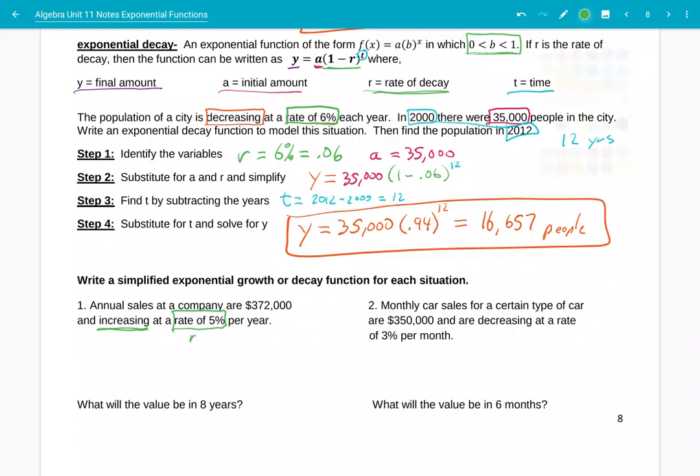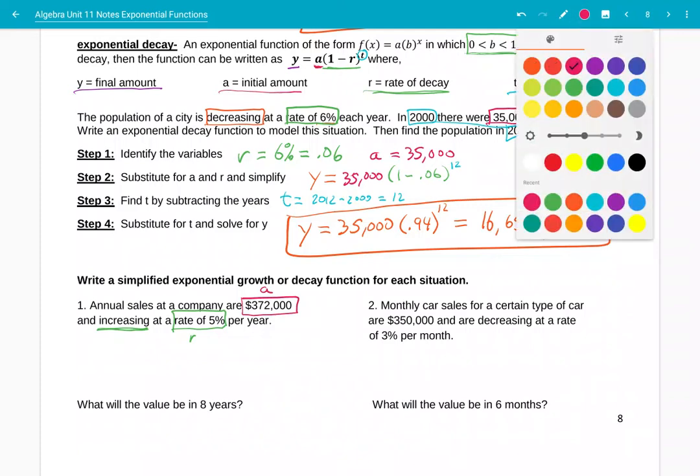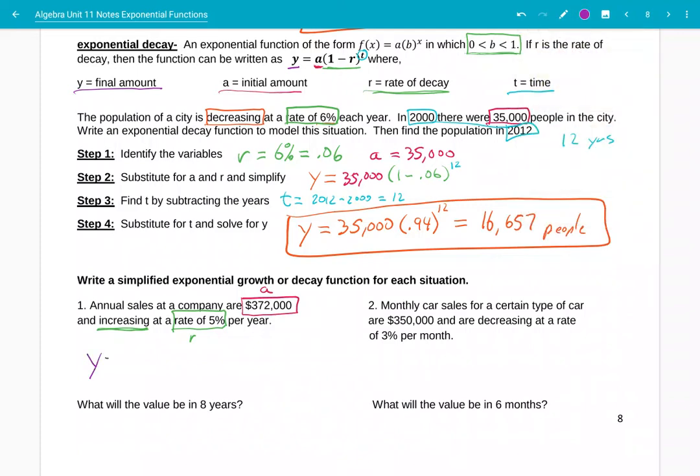That's R. And this value here, annual sales, are this and increasing. So it's going to start at that. So let's write that equation. This is Y equals A, which is the initial amount, times 1 plus the rate, because it's increasing, so 1 plus 0.05 per year, t.